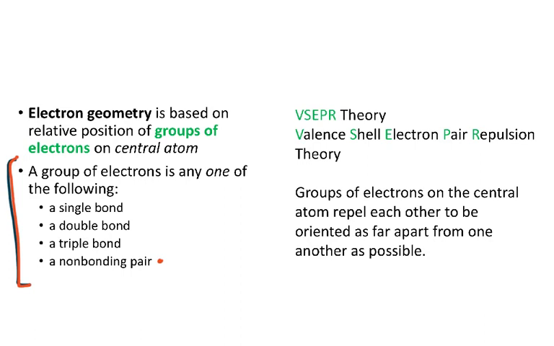Okay, so groups or pairs of electrons, whether that be a single bond, double bond, or lone pair, they want to spread out in space as far away from each other as possible. So when that happens, we get some very predictable shapes.